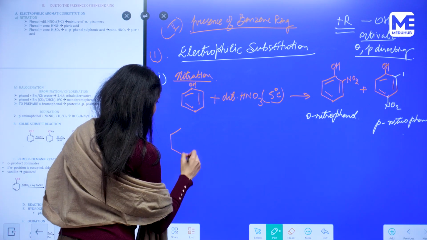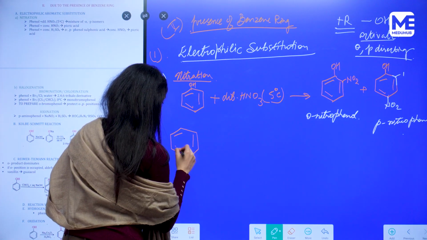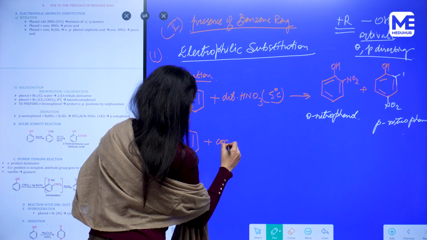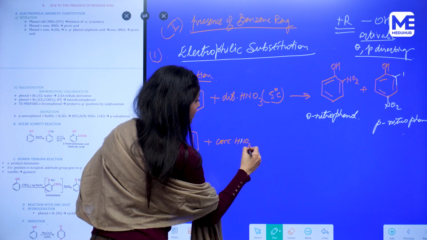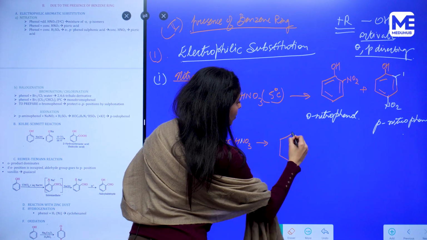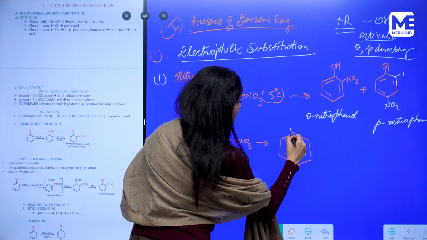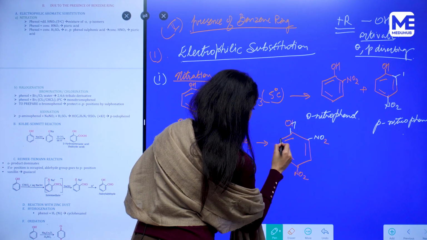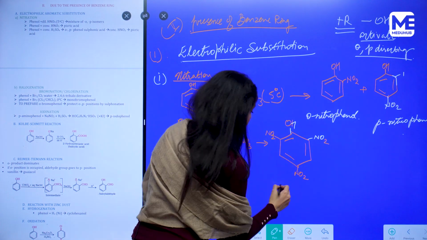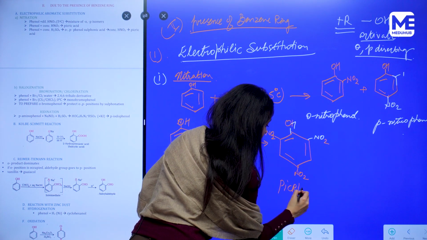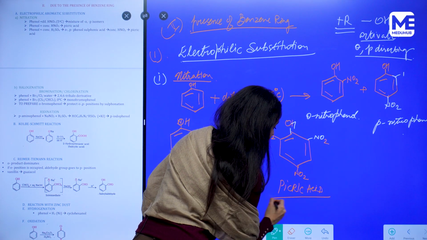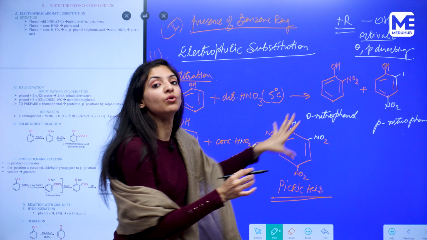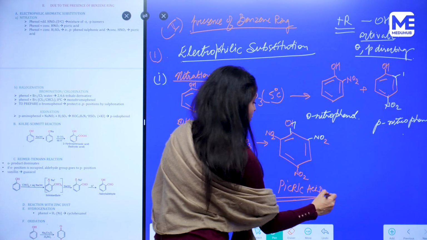So with concentrated nitric acid, phenol with conc HNO3, all the ortho and para positions get substituted and we get this, which is called picric acid. Picric acid is a strong acid because electron withdrawing groups are present at all the ortho and para positions. So it's a strong acid.